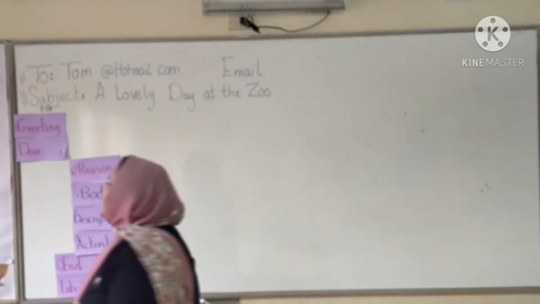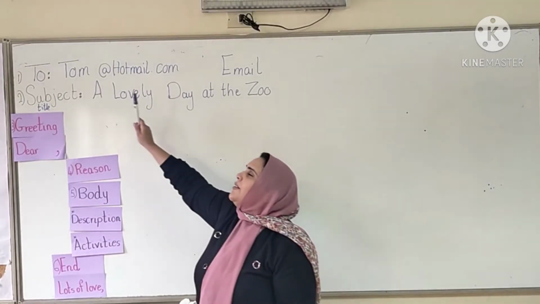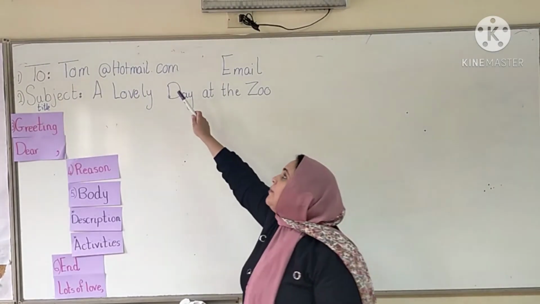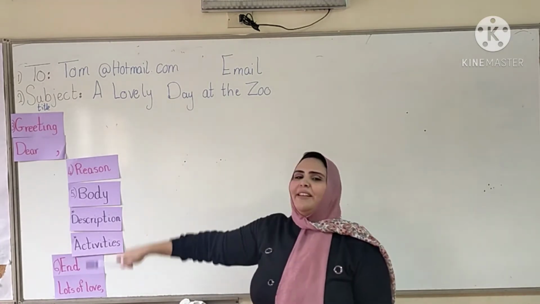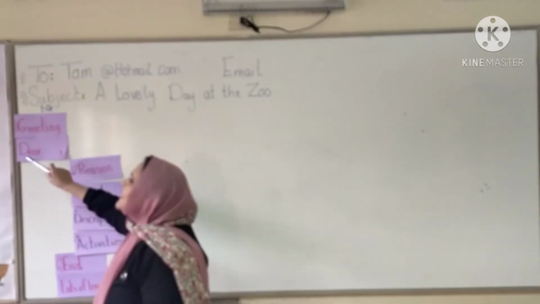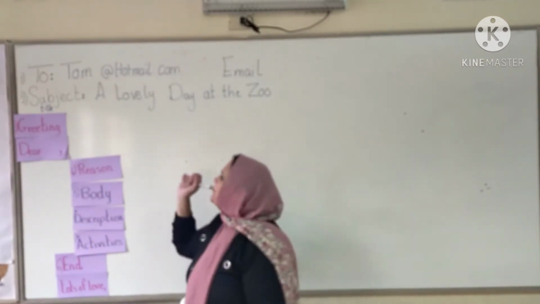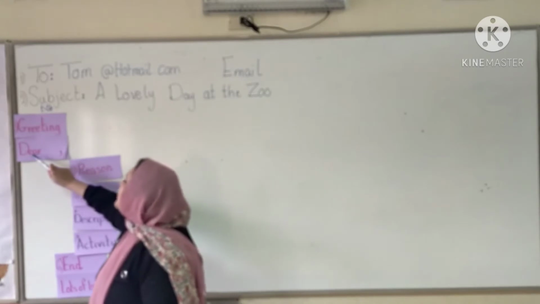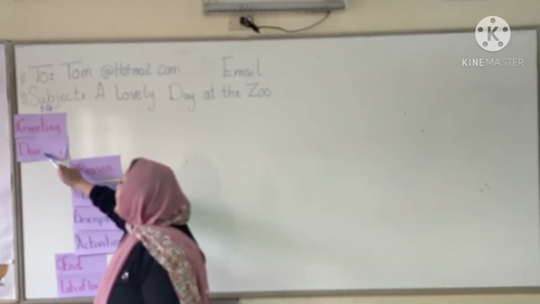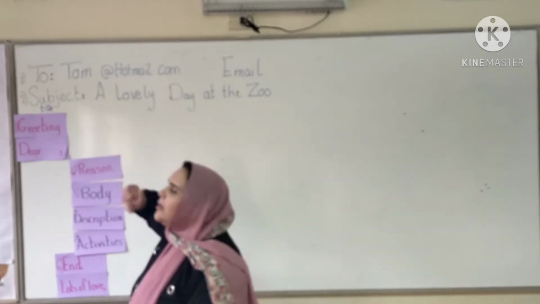So, the first thing we're going to write in the writing after we write the title and the email address is greeting. And we start our greeting with the word dear. Dear, it means my friend, okay? And after the word dear, we have to write the name. For example, dear, we are going to write to who? To Uncle Tom.